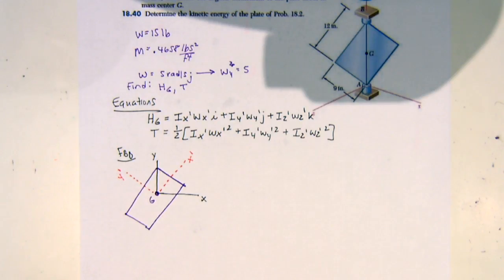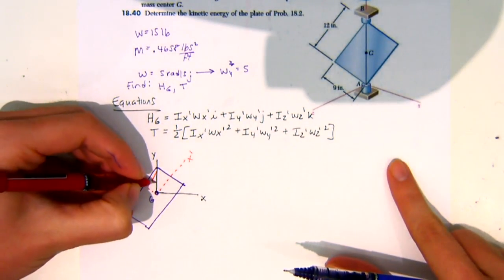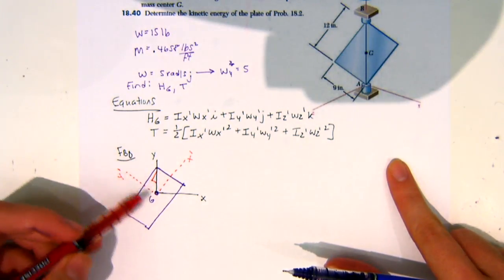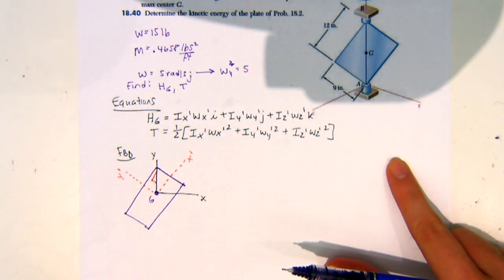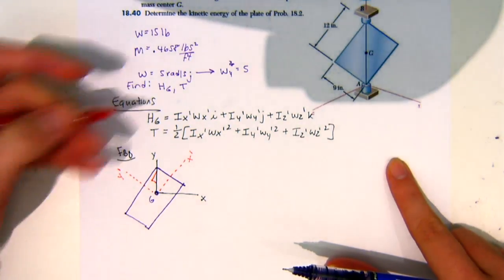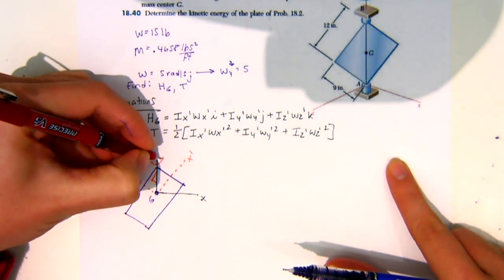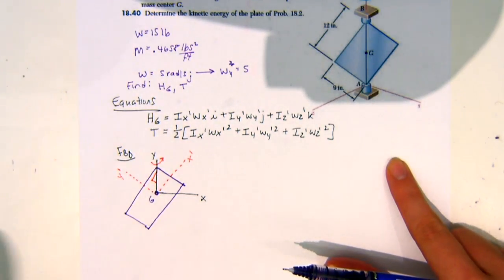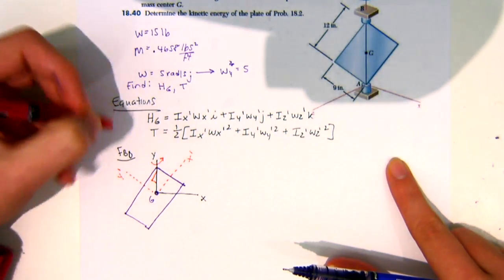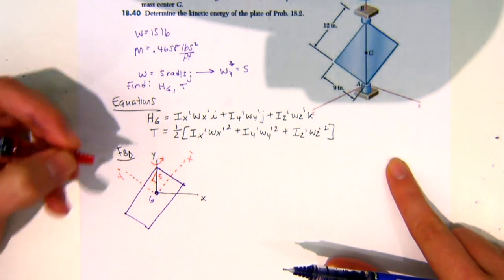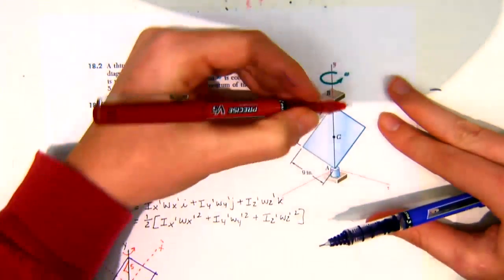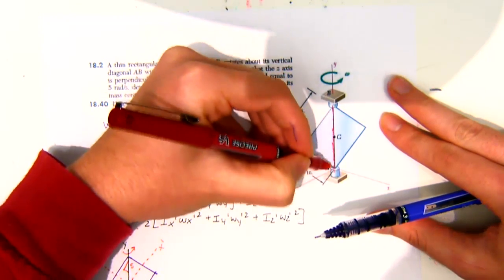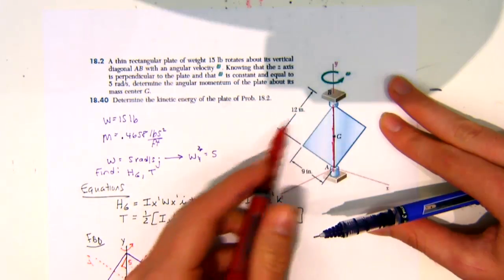And so what I'm going to try to convert: we know that our omega is in the y-axis, but we want it in our principal axes. So I have to break this omega down into components on the other axis system. So we're converting it. You see here from geometry, if I draw a line through that, this is 9, that's 12.